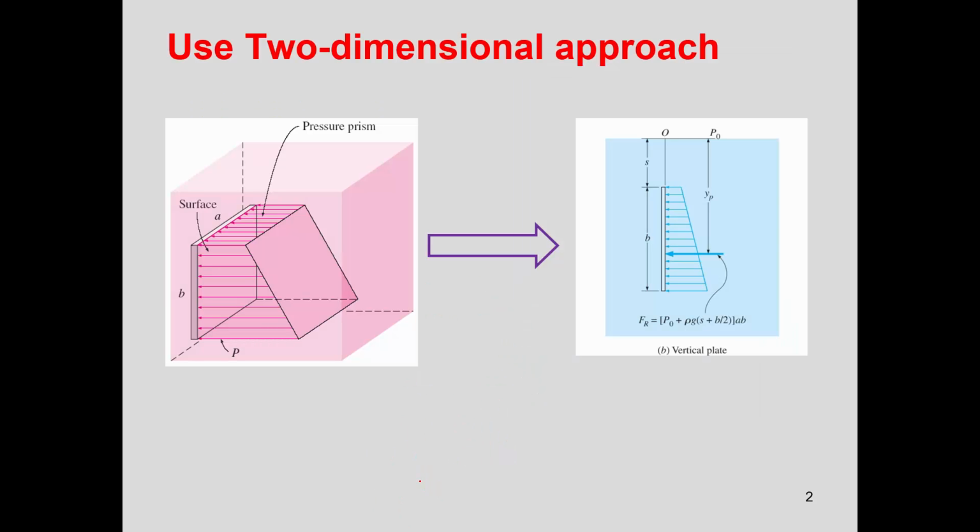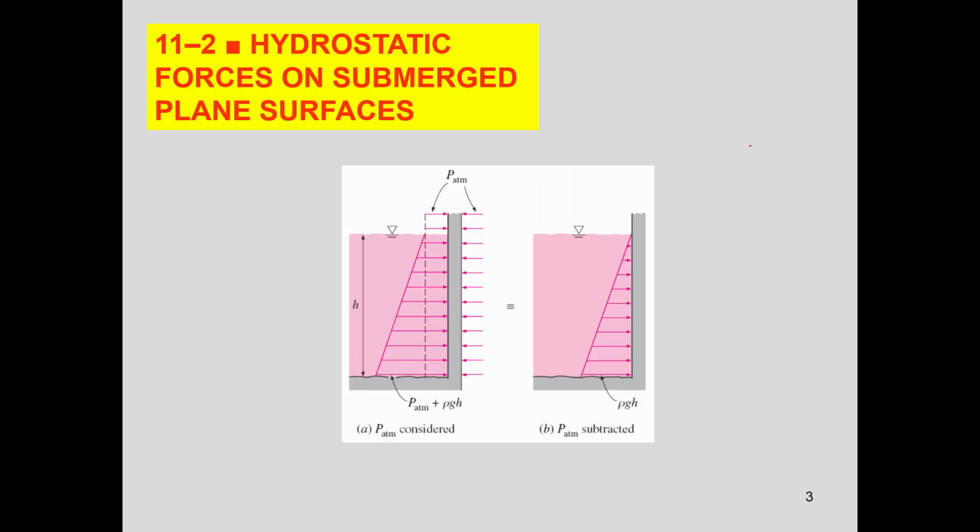We will use a two-dimensional approach, keeping in mind that it's really a prism, like you did in statics. What we'll look at is submerged plates that are vertical, and it can be a plate or a wall. What's important to recognize is that the hydrostatic pressure, which is due to water, starts where the water starts, even if the wall is very, very high.